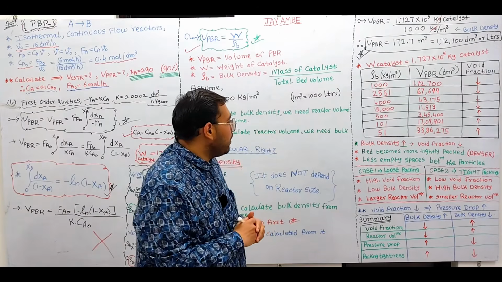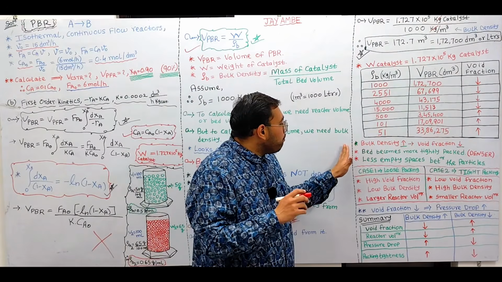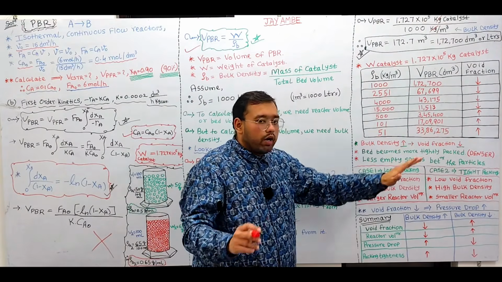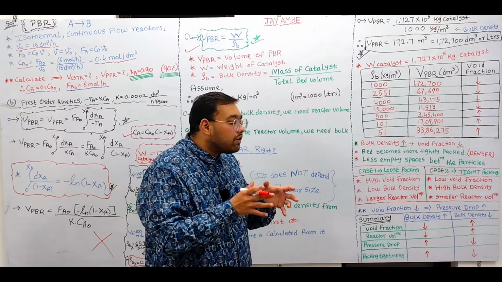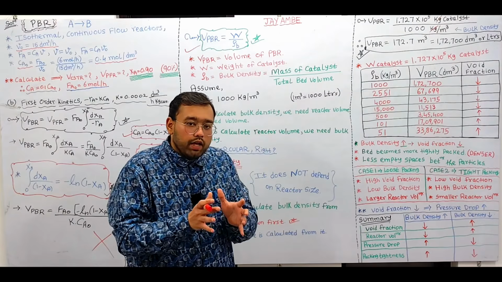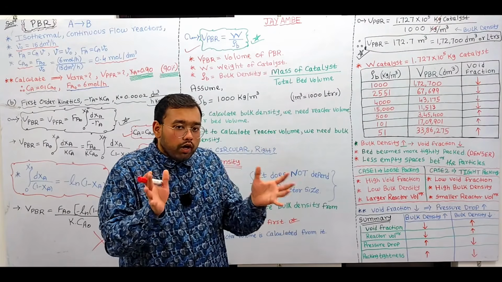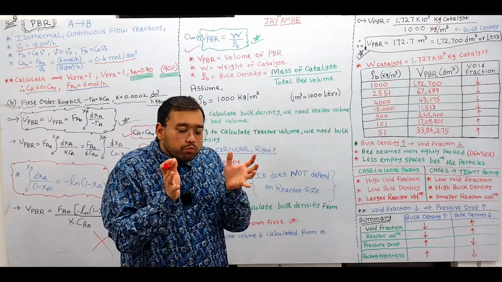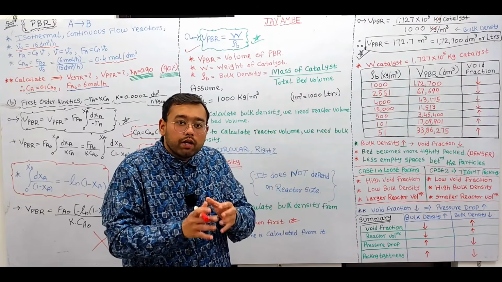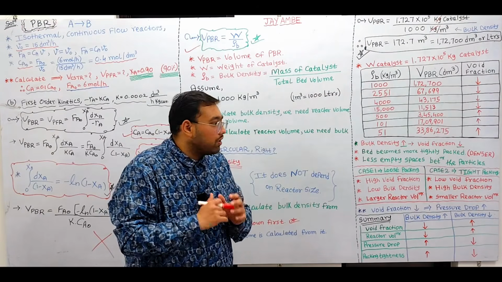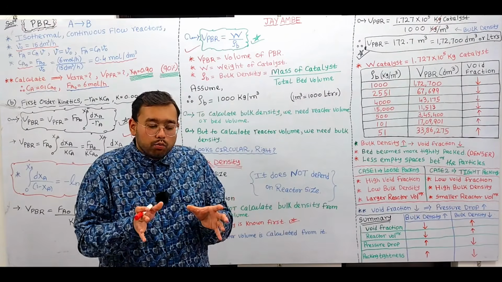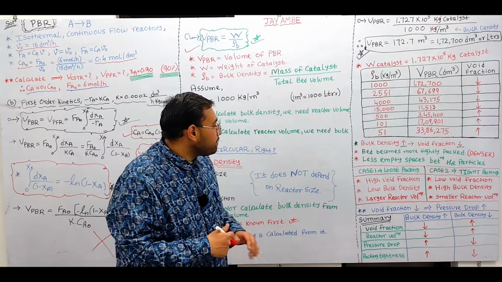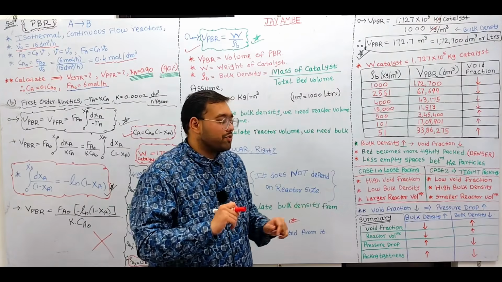So if we increase the bulk density, then the void fraction decreases, and the bed becomes more tightly packed, more denser and denser, which means less empty space between the particles. I hope you understood, right?